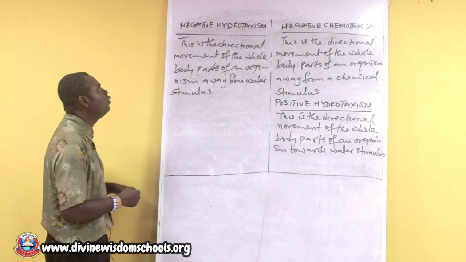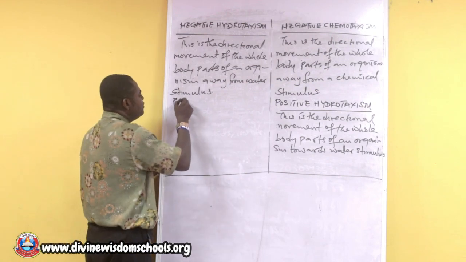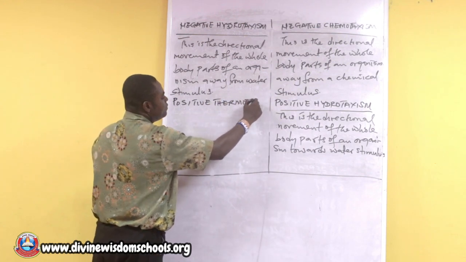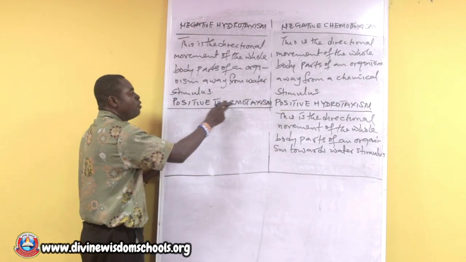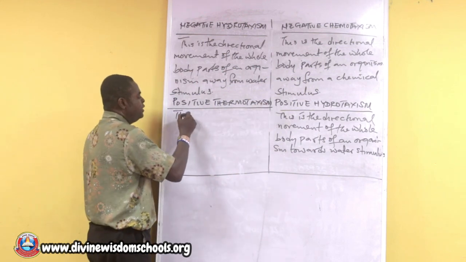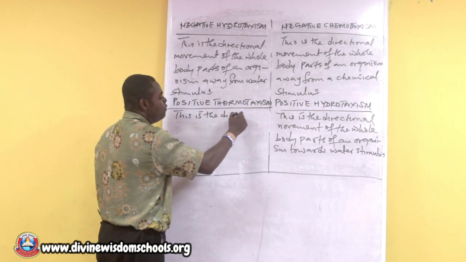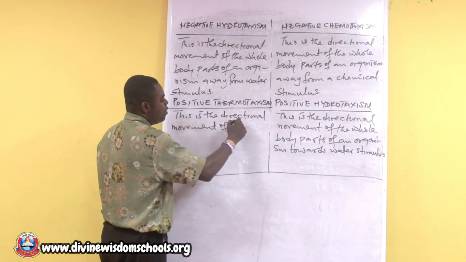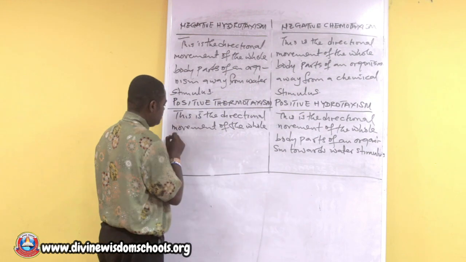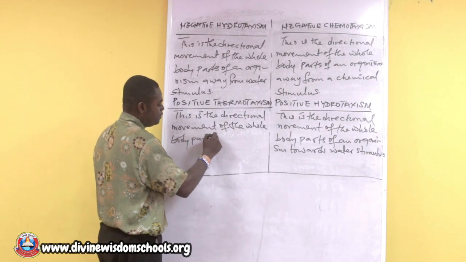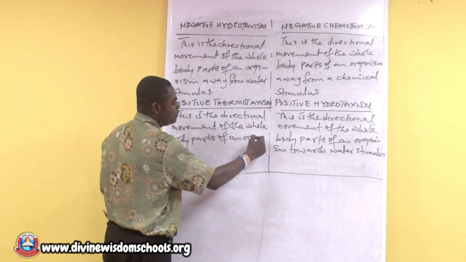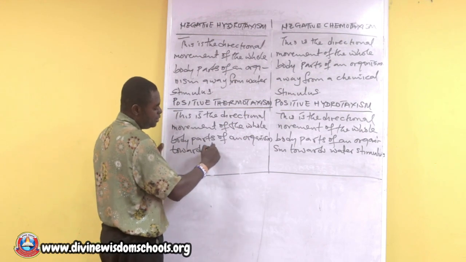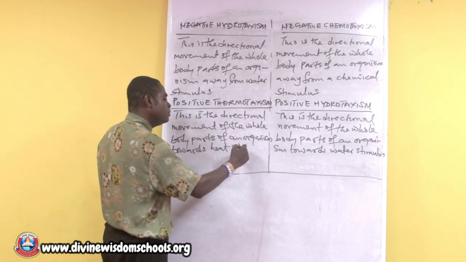That is negative hydrotaxism. Then we have positive thermotaxism. Anywhere you come across the word thermo, that's heat. So this is the directional movement of the whole body parts of an organism towards heat stimulus.